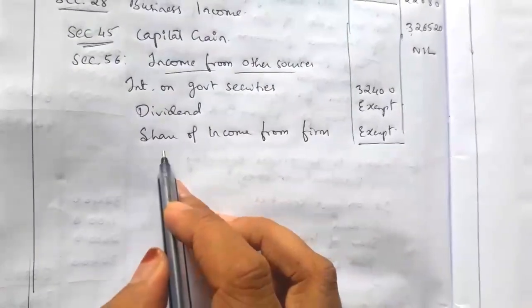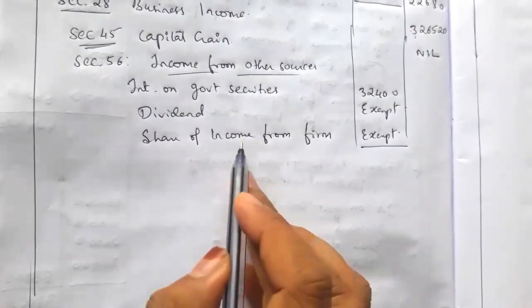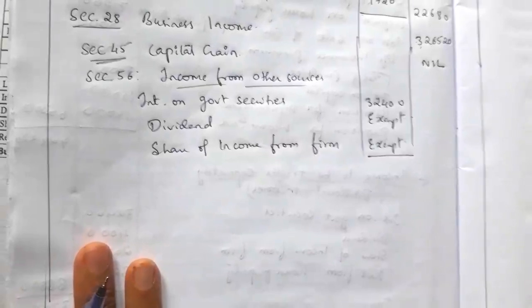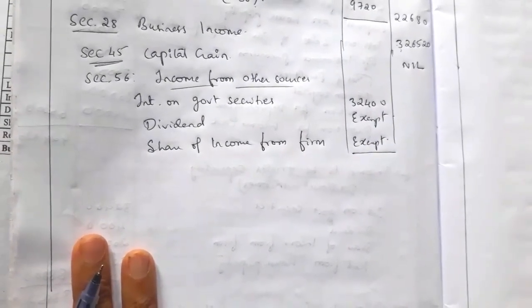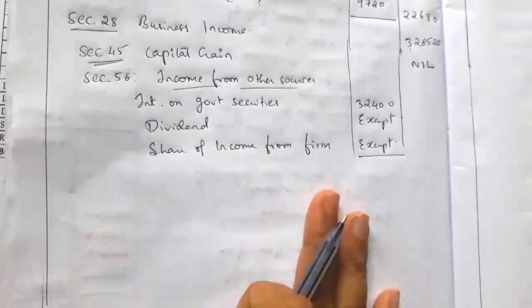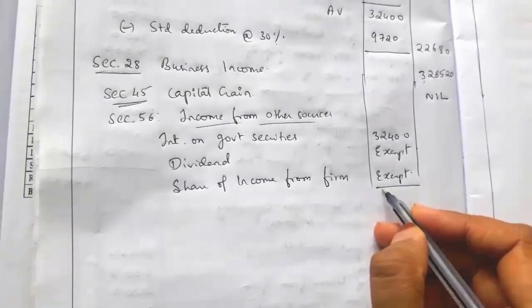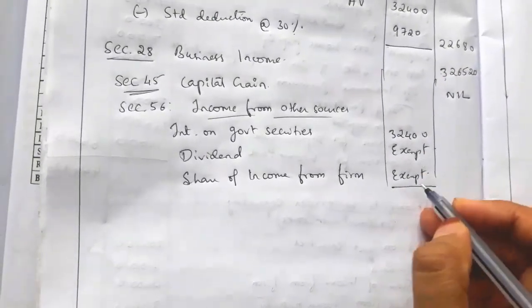The partner need not pay tax on that share of income. So being a partner, Kumar has received income from a partnership firm, and that is not taxable in the hands of Kumar. We are calculating the total income of Kumar here, so it is exempt.